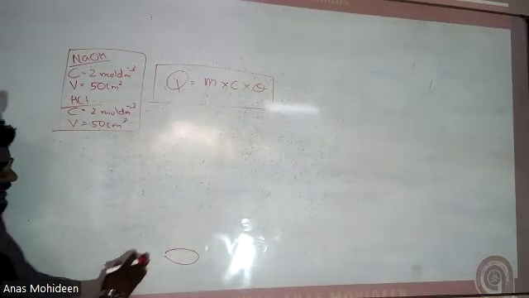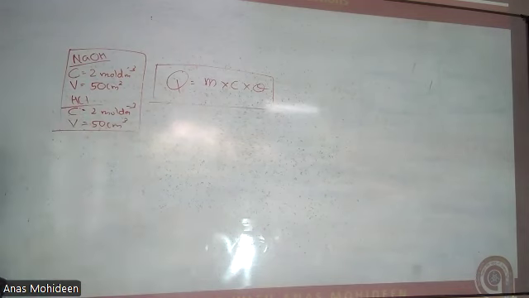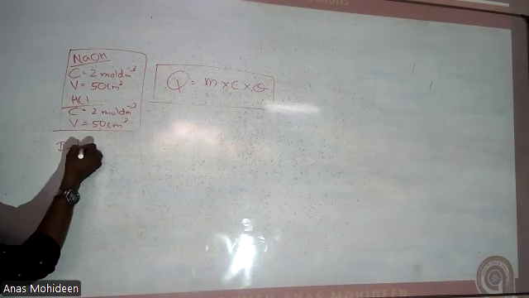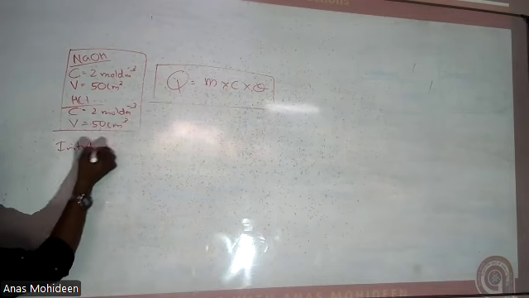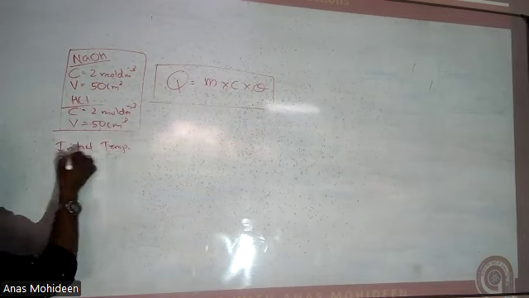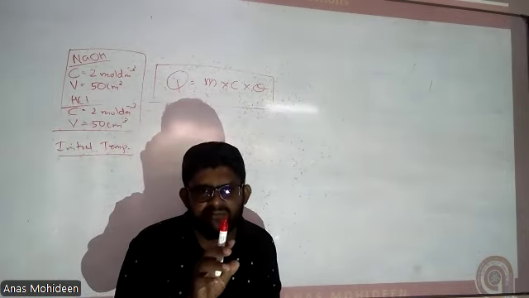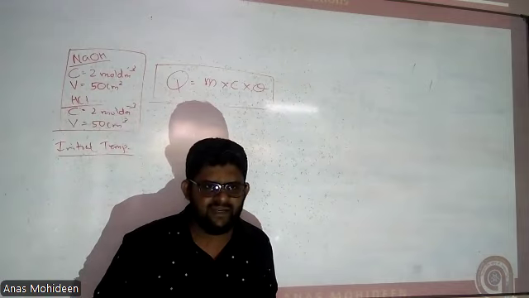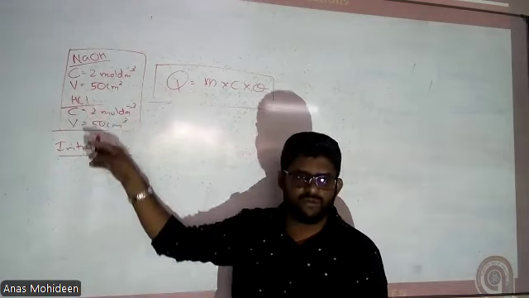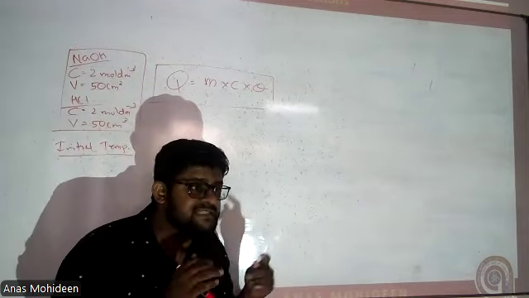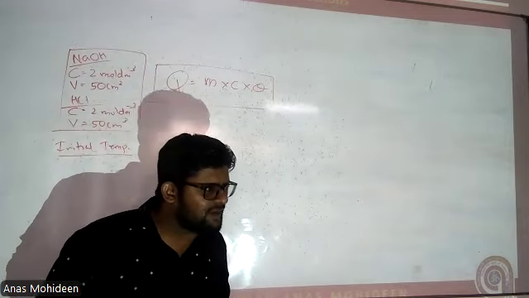Now, let me take the temperature. I find out the initial temperature. If you have only one component, you can straight away take that temperature. But you have 2 components, sodium hydroxide and HCl. If both have the same temperature, fine, but practically it won't happen.